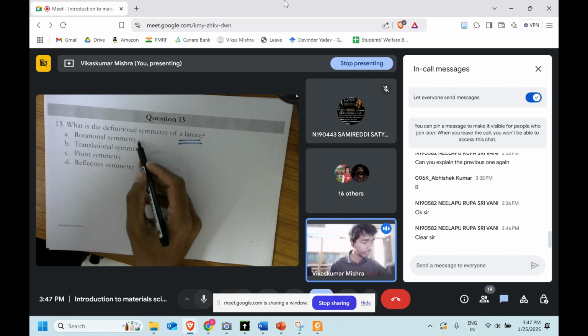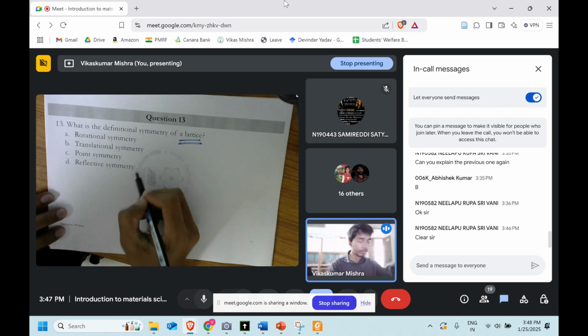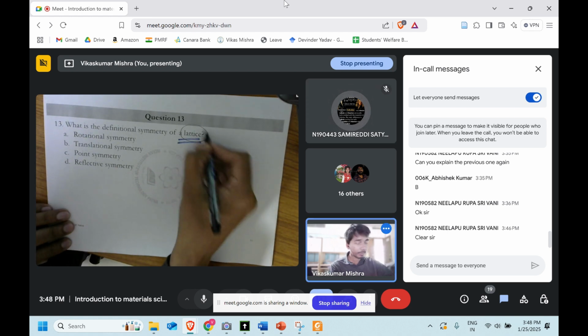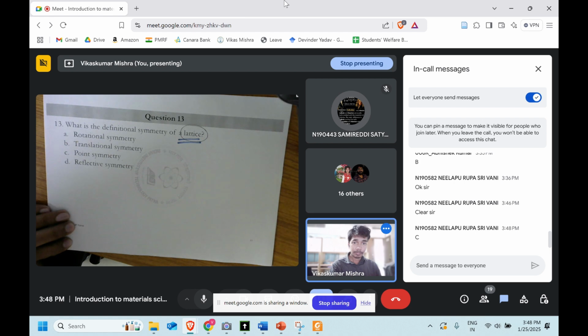Is it rotational symmetry, translation symmetry, point symmetry, or reflective symmetry? Anyone? Translation, yeah, that's right.